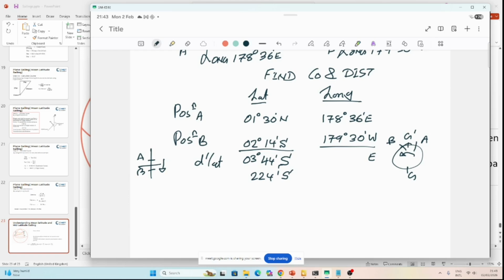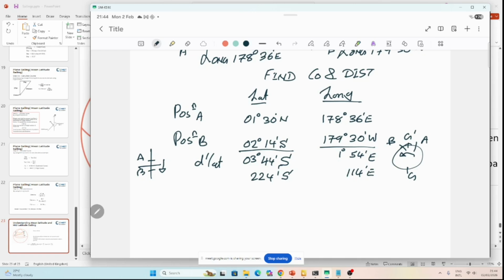So it is going to be 1 degree 54 minutes east, and that is 114 degrees east.